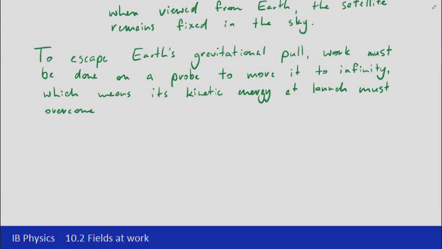Actually no, overcome is quite an appropriate word there, considering its gravitational potential energy would be negative, so work would need to be done. So what that means then, let me just draw a diagram to help explain this scenario, because it might not be immediately obvious just from those words.